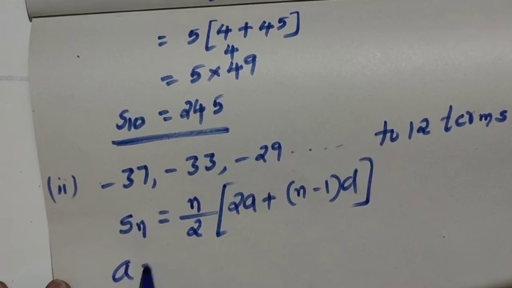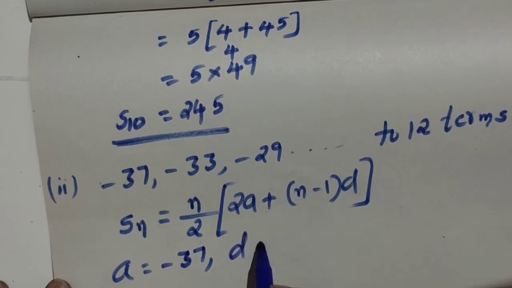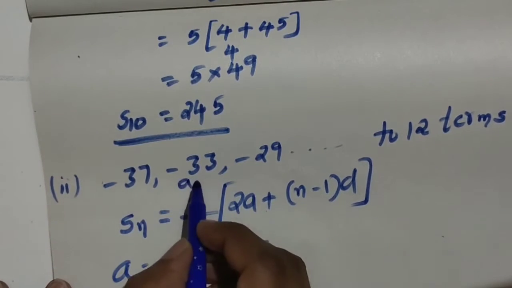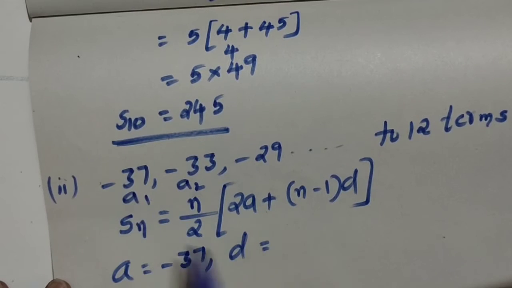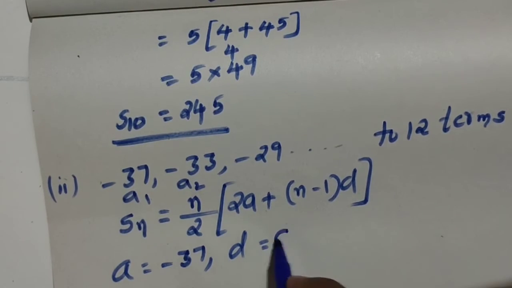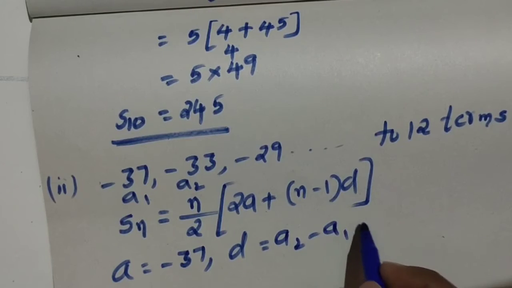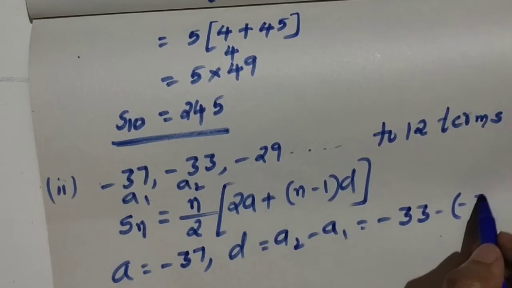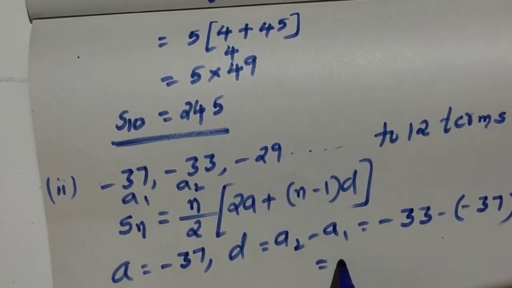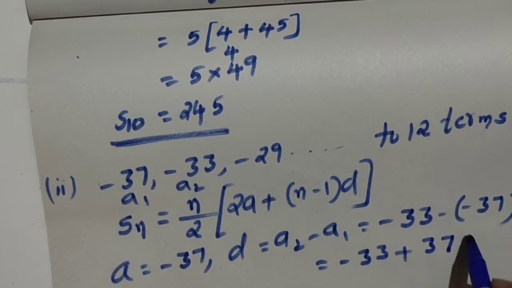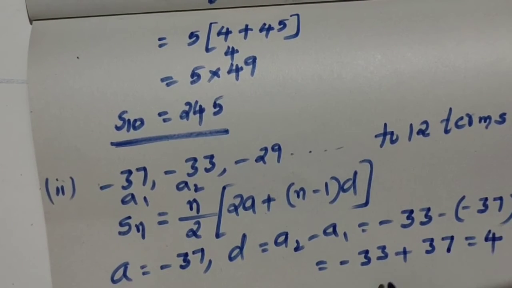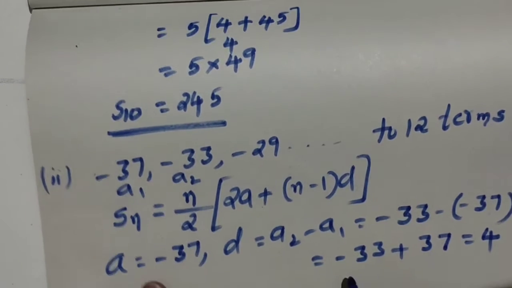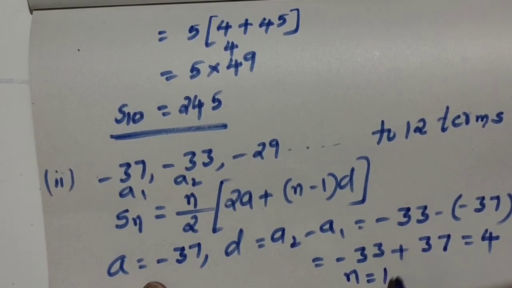Now your a value is minus 37, and again d, that is the successive difference of the first two terms, that is a2 minus a1. Simply we can write it as minus 33 minus of minus 37. Then we get minus 33 plus 37, that is 4. So next here we have n value 12.